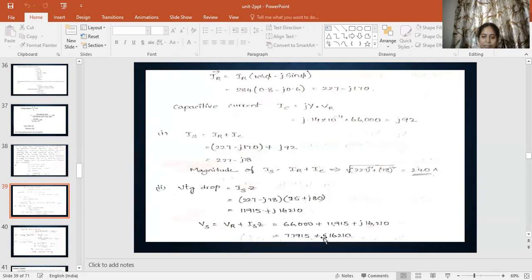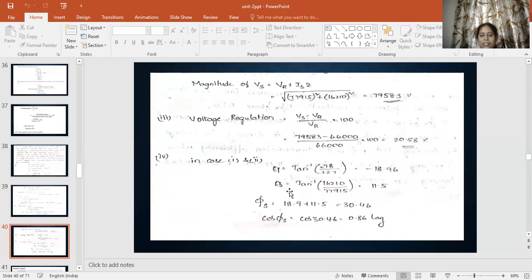Taking the imaginary term by real term, we can get the value for the angle theta 2, and that value is 11.5. Adding these terms, we get the difference between Vs and Is, which is phi s. So 11.5 plus 18.9 is nothing but 30.46, which is the phi s angle. The power factor at the sending end, cos phi s, equals cos of 30.46, that is nothing but 0.86 lagging. Okay, this is the value for the power factor.